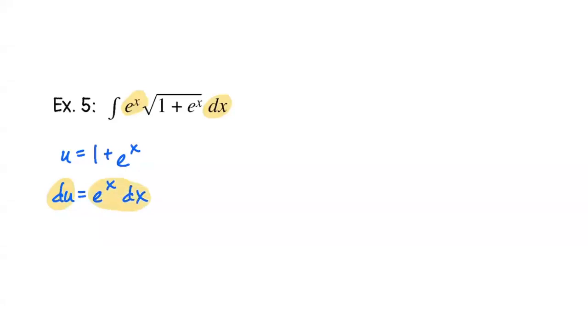And so we do our integration of u to the 1/2 du. So that's a good place to say, I skipped a step. I didn't write it as the square root of u. I know it's going to be the square root of u, but I know I'm taking an integral, so I want to see that power, u to the 1/2.